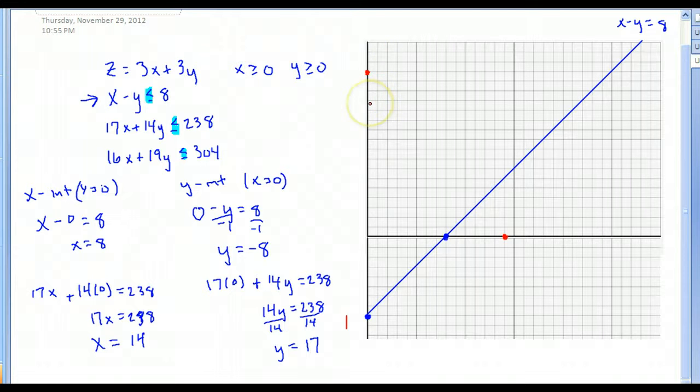Now I want to connect those with a line. And so there's the line, 17X plus 14Y equals 238.